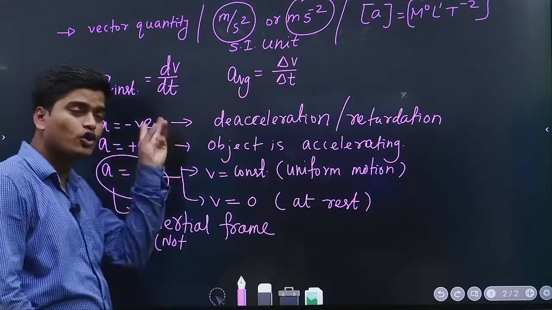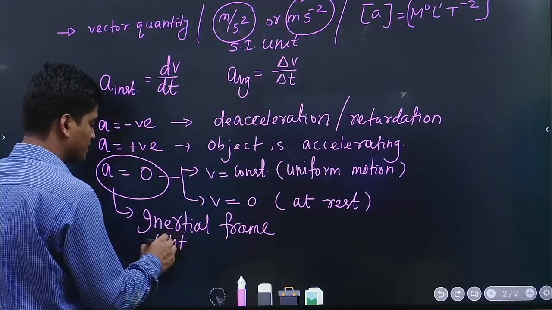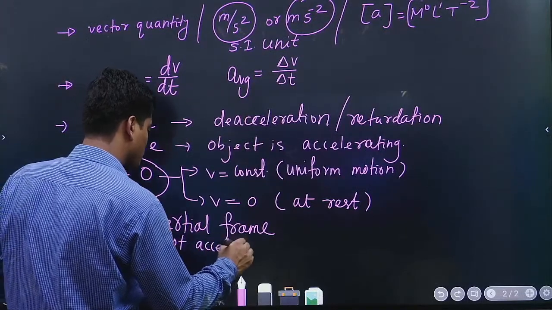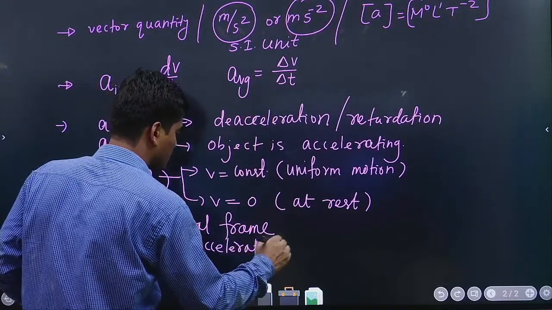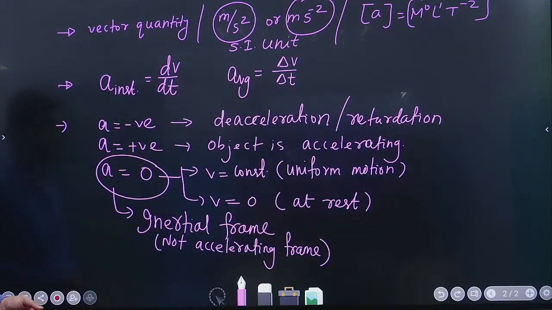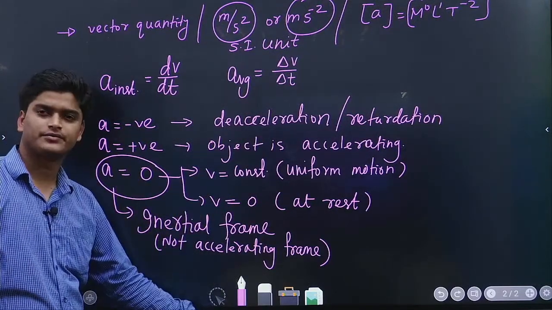And if acceleration is not equal to 0, then you can call it a non-inertial frame or accelerating frame. So remember this word: if acceleration is 0, then it is an inertial frame or not accelerating frame.